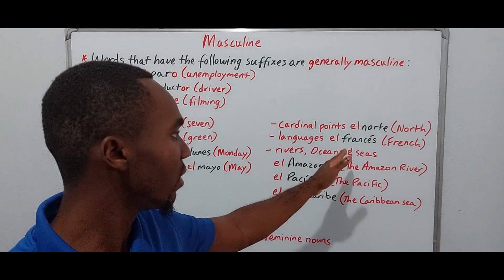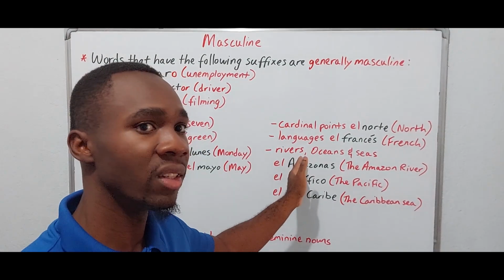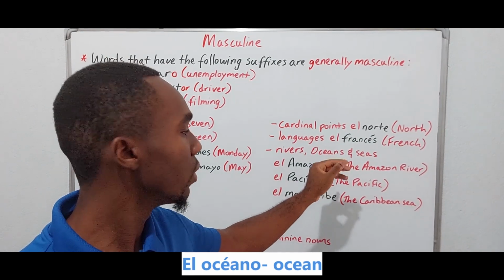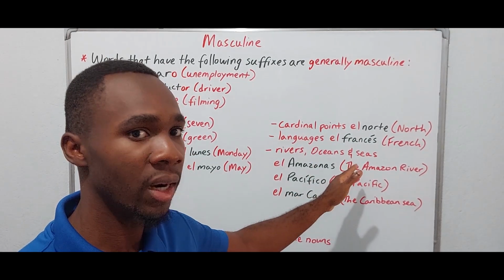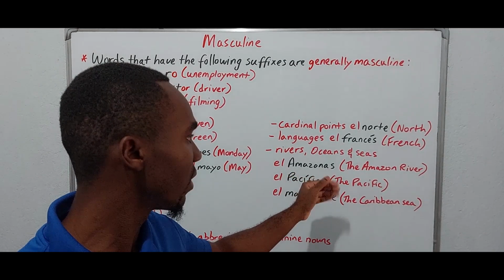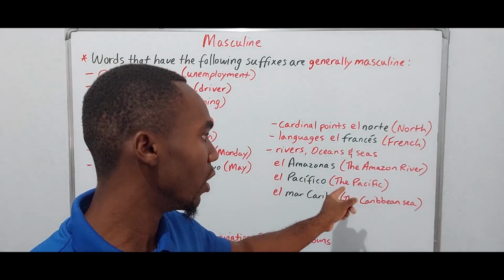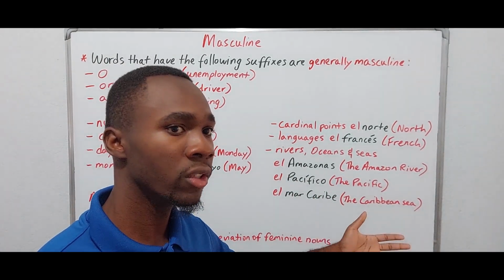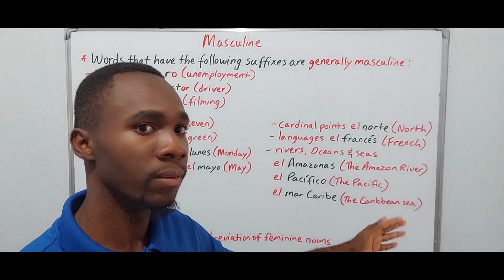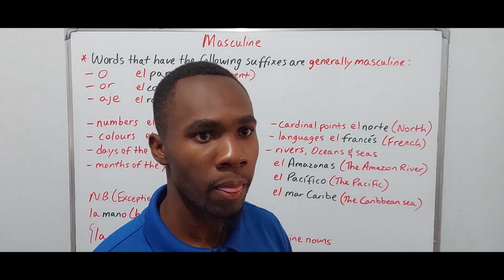Rivers, oceans, and seas are going to be masculine as well. The word for river is el río. The word for ocean is el océano. And the word for sea is el mar. Okay? So here we have examples. El Amazonas, the Amazon River. El Pacífico, the Pacific Ocean. El Mar Caribe, the Caribbean Sea. Alright? So those are going to be masculine.